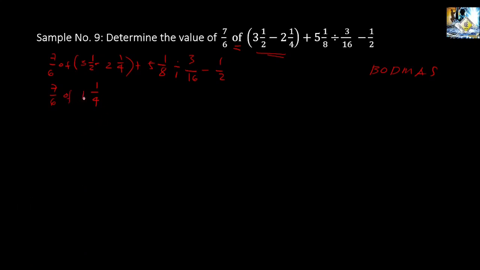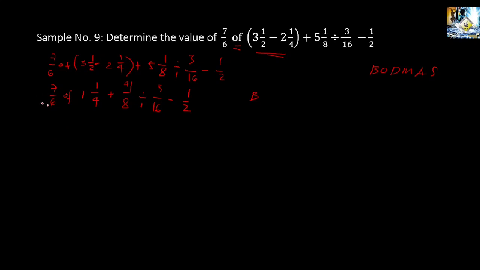Of, plus 41 over 8, that's right. Then, copy the division. That is 3 over 16 minus 1 half. Then, that is just for your B. We dealt with the bracket first.